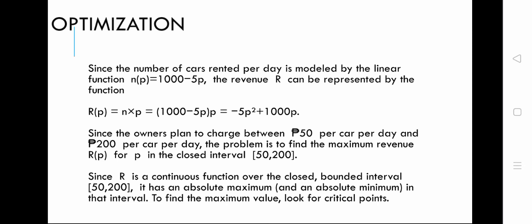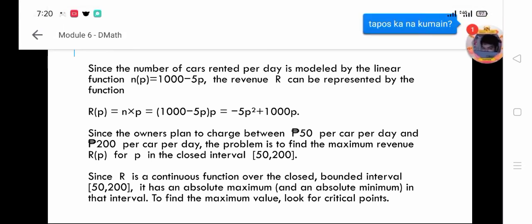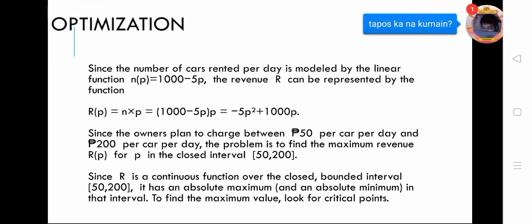Since R is a continuous function over the closed bounded interval 50 to 200, it has an absolute maximum and an absolute minimum in that interval. And ang kailangan natin dito is the maximum value kasi yun yung tinatanong sa given.